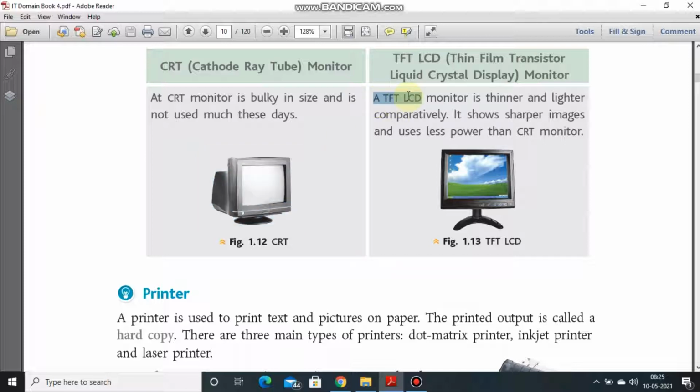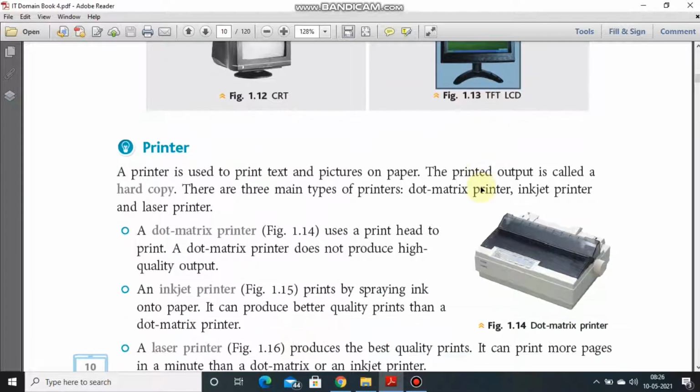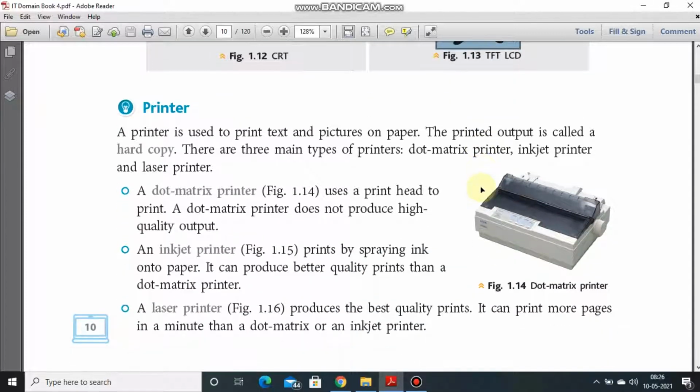A TFT LCD monitor is thinner and lighter comparatively. It shows sharper HD images and uses less power than CRT monitors.